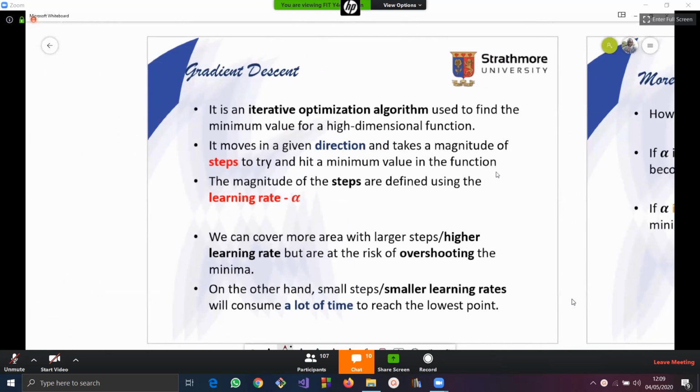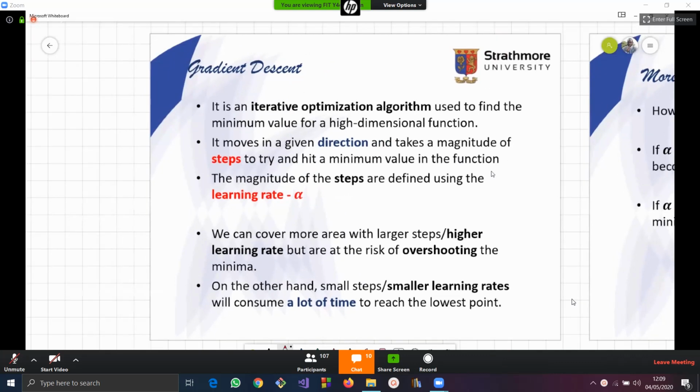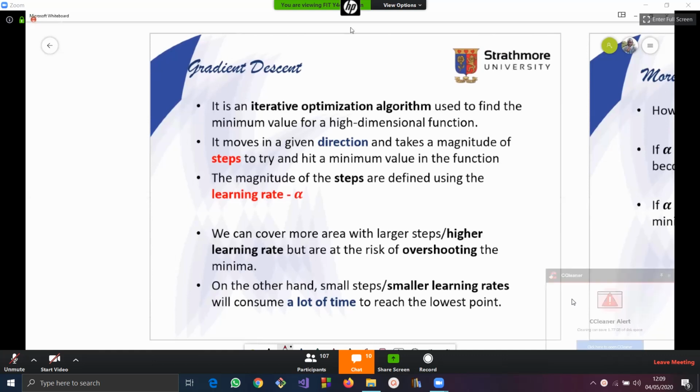But that is just a personal opinion. I am not very much a fan of what people call data science today, and maybe I'll discuss that later. Gradient descent is an iterative optimization algorithm. Optimization is when you are trying to find either the global minimum or the global maximum.